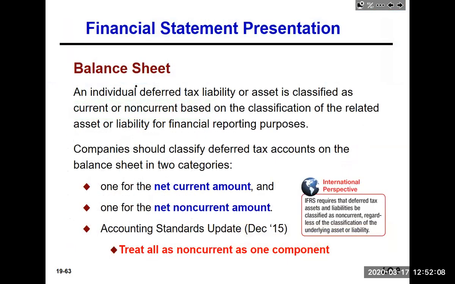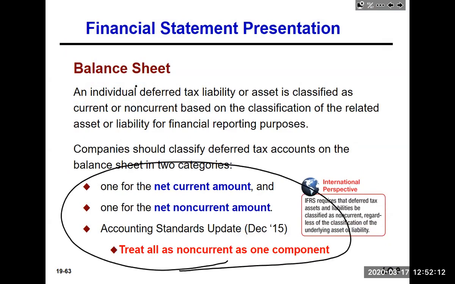Okay, something else that's changed, and I've got it here on this slide, and I would expect you to know this on the exam. I think there's an exercise in Pearson we'll look at, and of course the Pearson answer, again, is out of date. But when you have these deferred tax assets and deferred tax liabilities, you've got one that's net current amount and one for net non-current. You want to combine, that's the old way.